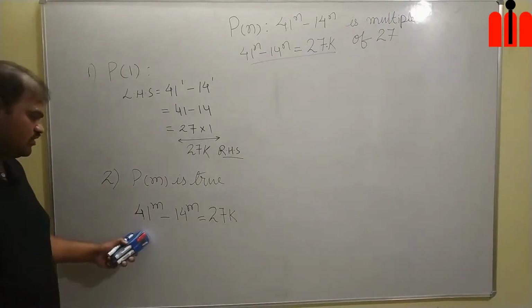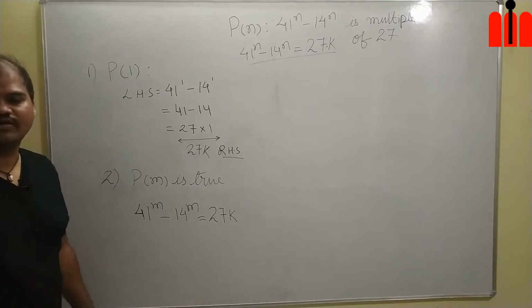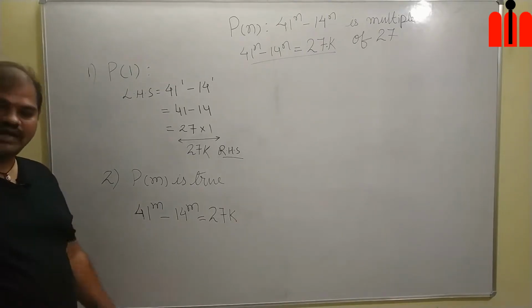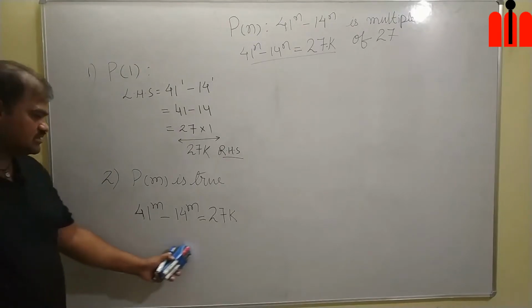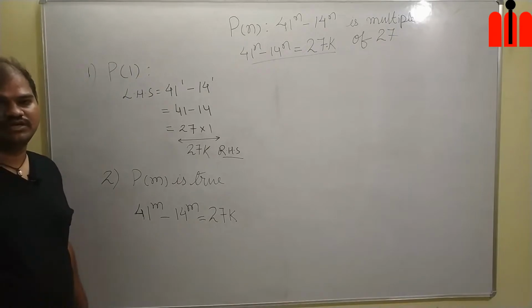Okay, 41 to the power of m minus 14 to the power of m is equal to 27k. So this is the concrete statement which we had derived from our assumption step.